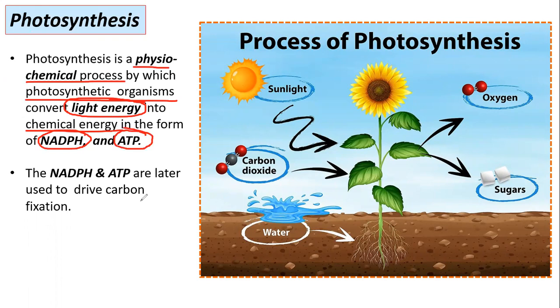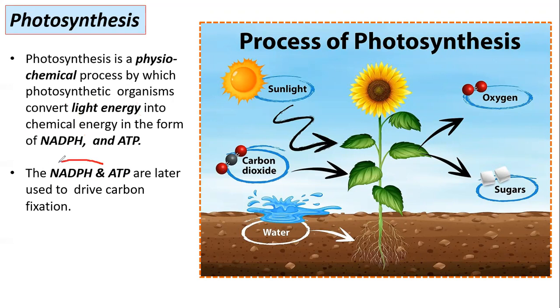So in this physiochemical process, the photosynthetic autotrophic organisms convert light energy into chemical energy in the form of ATP and NADPH. ATP will be a familiar term for everybody. NADPH you might have seen in class 10, but you might not have studied its usage, although you have studied ATP as the energy currency of the cell.